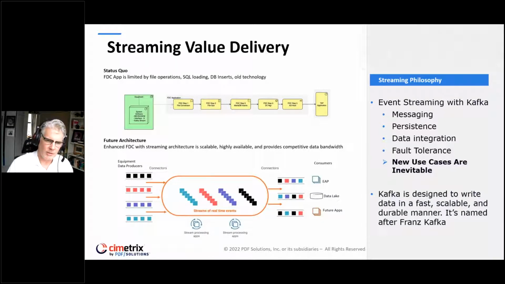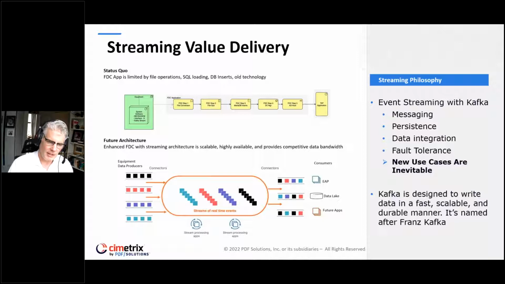And so what we feel is a solution is a more parallel pipeline shown in the future architecture at the bottom. Here you've got many of these tools with much higher data rates, generating streams of events and lots of parameters, as Alan has gone through.